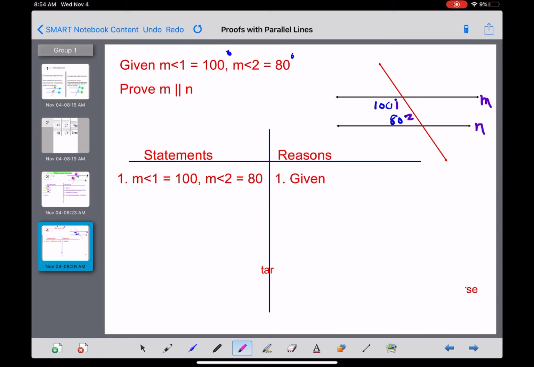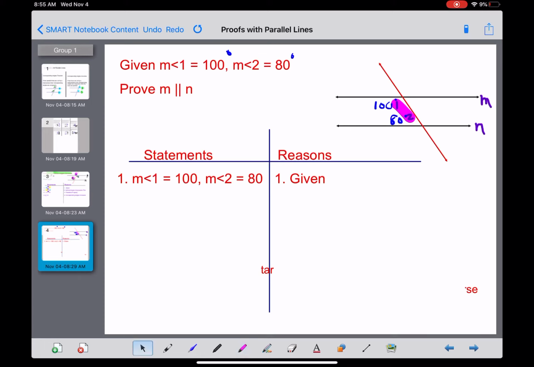So we want to go along the lines that 1 and 2 are supplementary angles. Since they are supplementary and they're consecutive interior angles, we're going to want to use our consecutive interior angles converse. But first we have to show that they are supplementary.